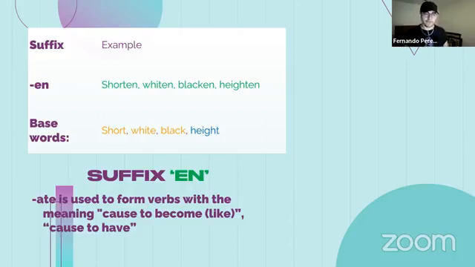Base words: short, white, black, height, with suffix N. N is used.